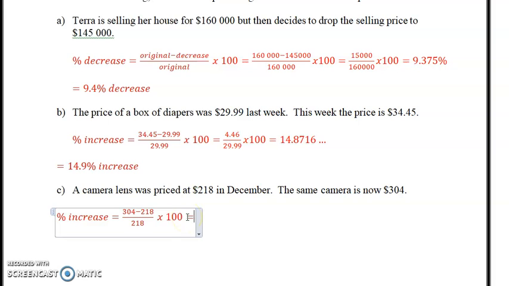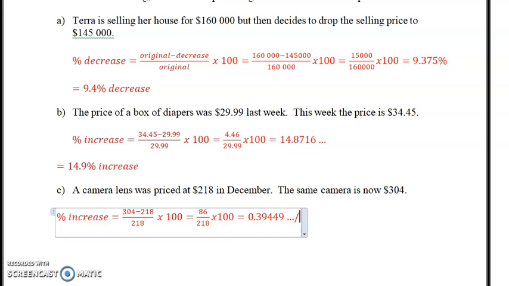So we take the 304 minus the 218, and we get 86 divided by 218, multiplied by 100, because that brings it to a percent, right? Changes your decimal to the percent. Divided by 218, it's 0.39449 and so on, right?